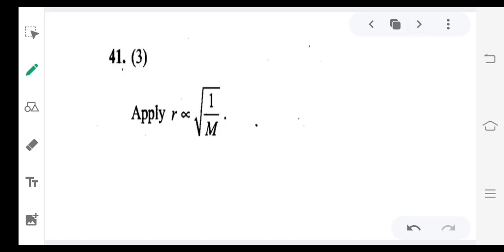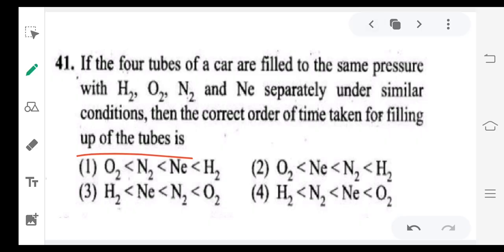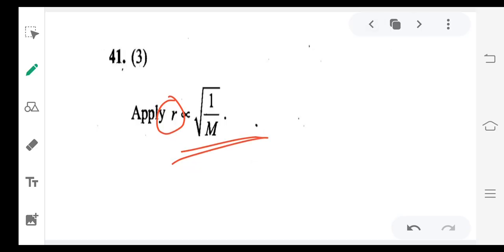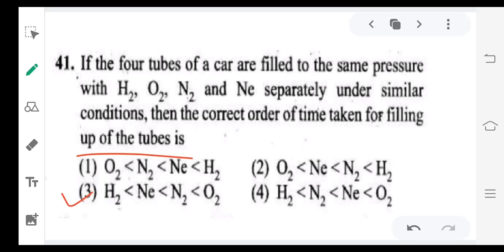So now, rate of diffusion is inversely proportional to molecular weight. When rate of diffusion is inversely proportional to molecular weight, then we will get this one. So which one will take more time? The gas which has more molecular weight, that is O2.